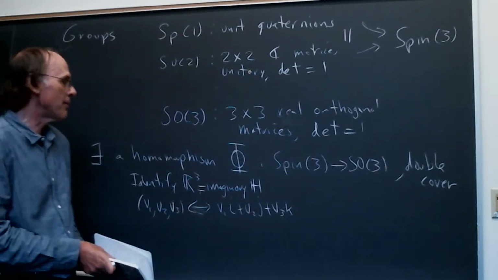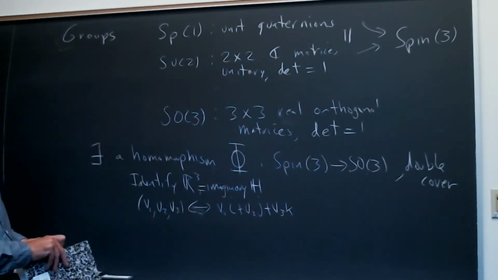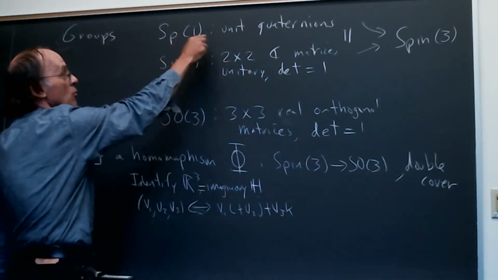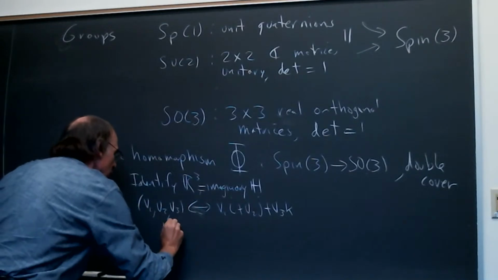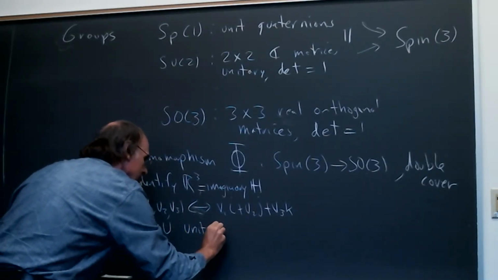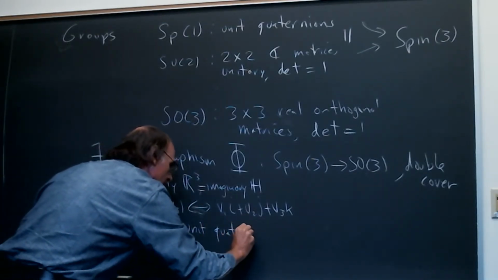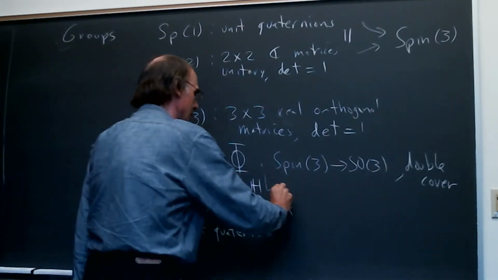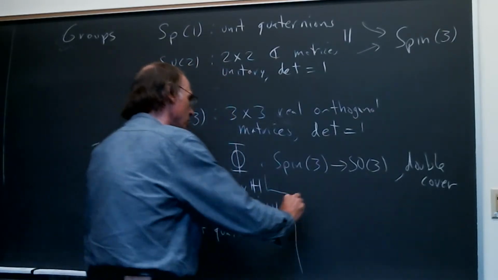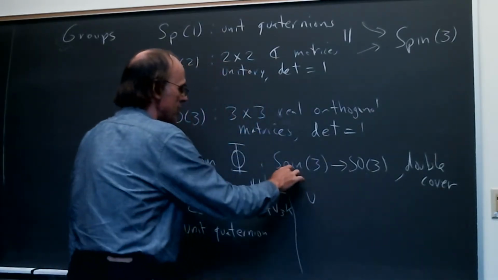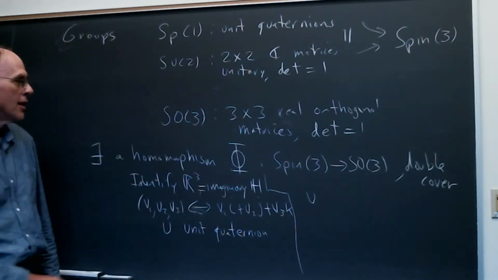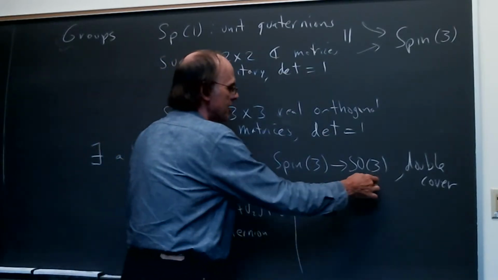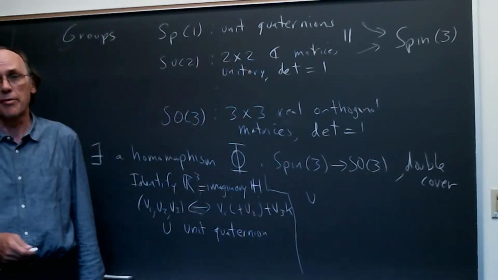And then this map here becomes, okay, if you think of Spin 3 as SP1, it's a unit quaternion. So if you take u, a unit quaternion, you want u to go to a homomorphism that takes u to a rotation in 3 space.